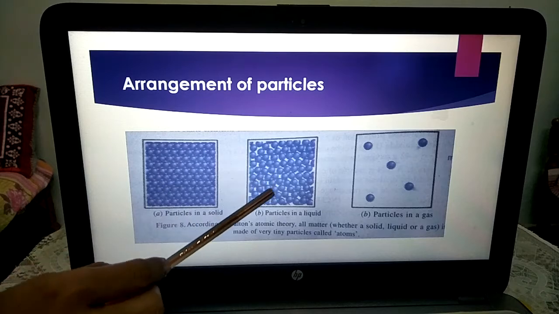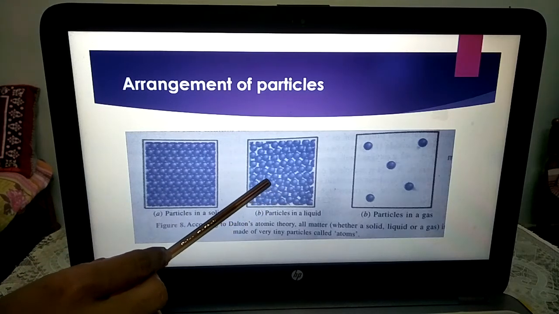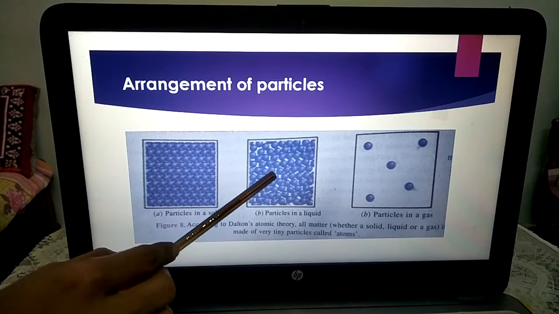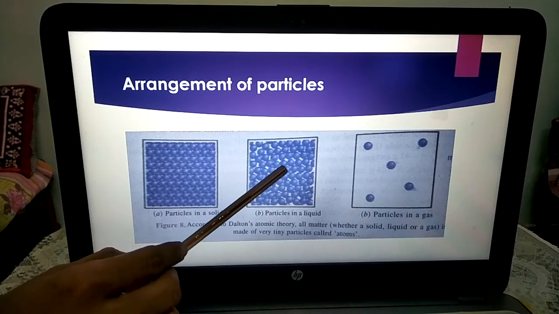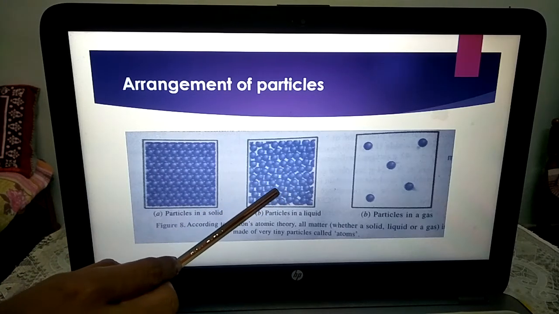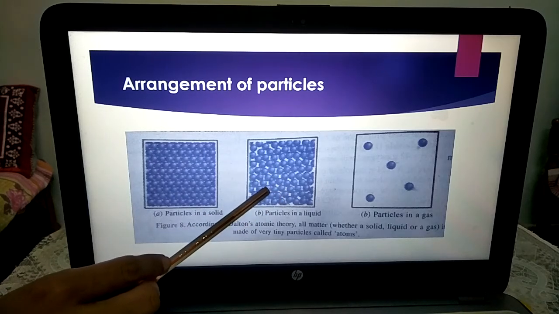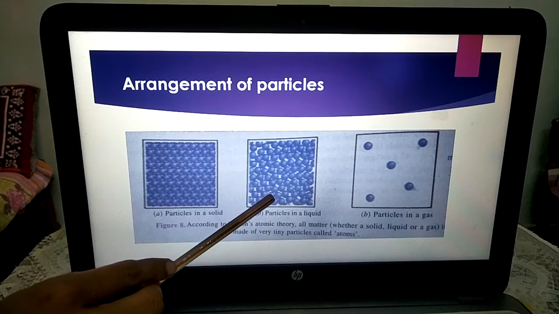Now the particles of liquid are somewhat loosened. See, some space or void is between them. Void is nothing but space. It allows the particles of gases or particles of solids to enter between them.